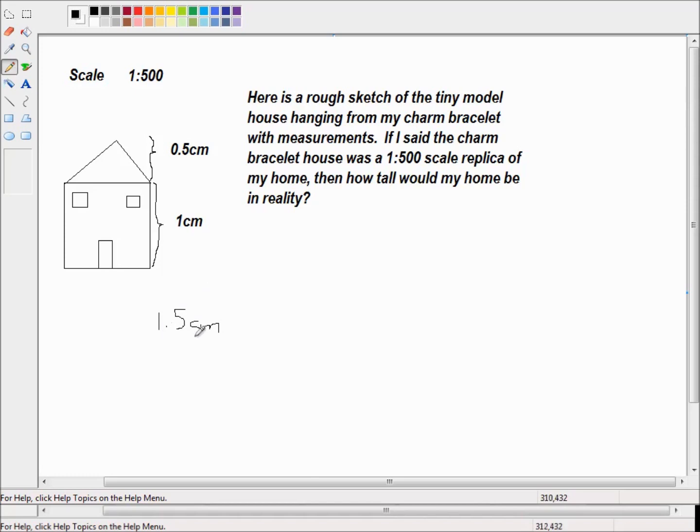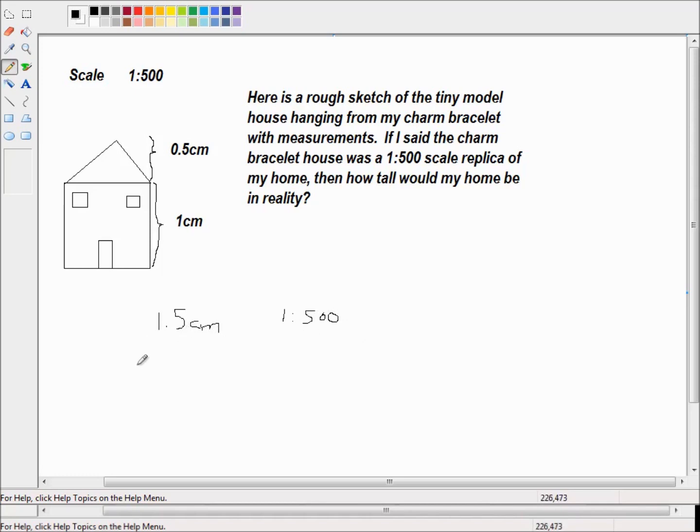Now this 1.5 centimetre charm bracelet house is a scale model of the real house, and the scale is 1 to 500. So that means 1 centimetre is 500 centimetres.